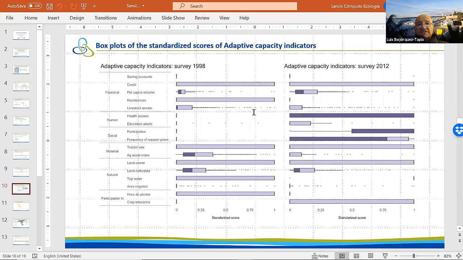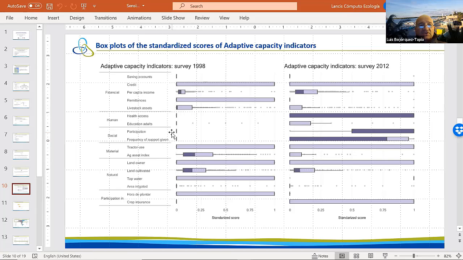These are the values of the different indicators for the surveys of 1998 and 2012, and you can see that they differ between the two. For example, per capita income: this is the spread of the values, the box plot for 1998, and these are the values in 2012. Agricultural assets also change quite a bit.